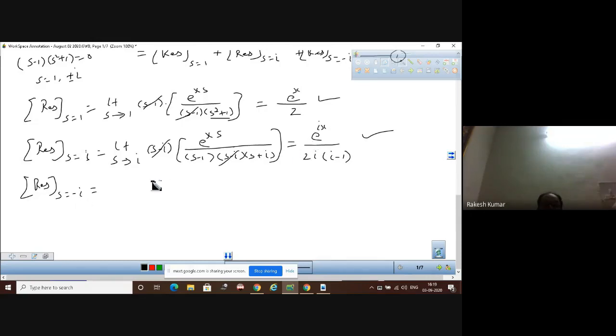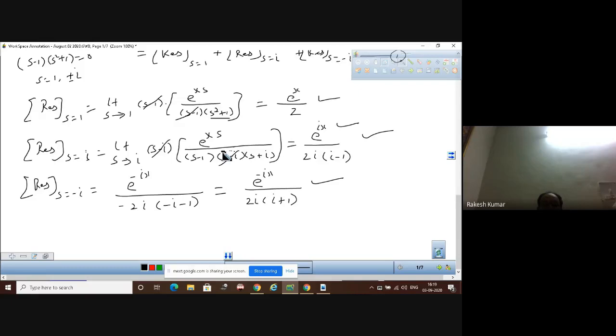So you simply change iota to minus iota in this. So that is minus 2 iota, and in the denominator minus iota minus 1. That will be e raised to power minus iota x upon minus 2 iota into (minus iota minus 1), that is 2 iota into (iota plus 1). So this is the third residue.